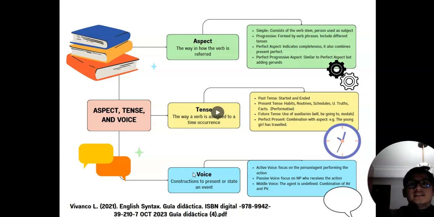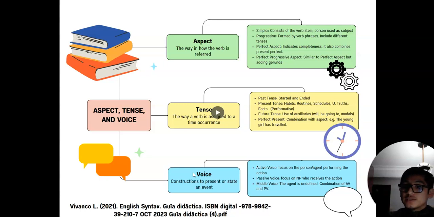When we see these different perspectives, for example, when we use reported speech, that's where we change the structure of the sentences and we turn from passive to active or vice versa.